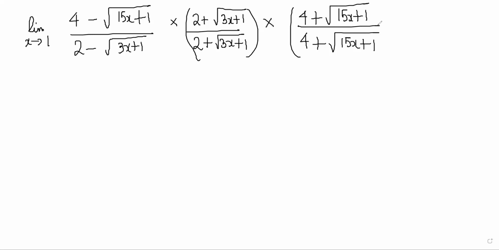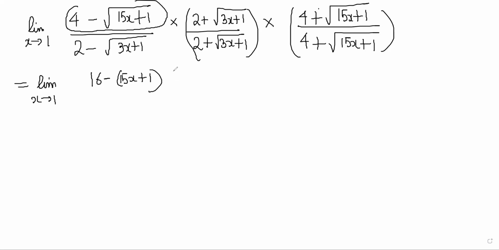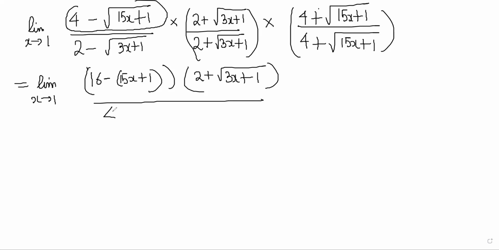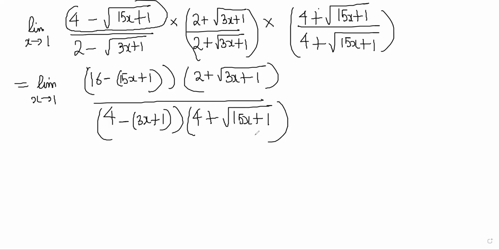So this becomes limit of x tends to 1, and let's multiply this one with this one, and it becomes 16 minus 15x plus 1. You have to multiply that by 2 plus root 3x plus 1 as well. And the denominator becomes 4 minus 3x plus 1, and you have to multiply that by 4 plus root 15x plus 1.